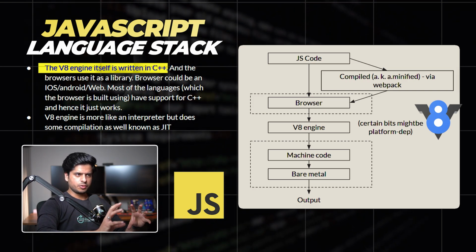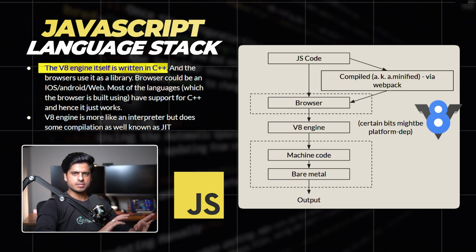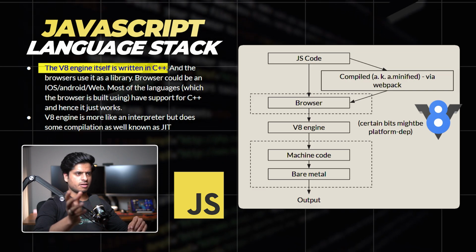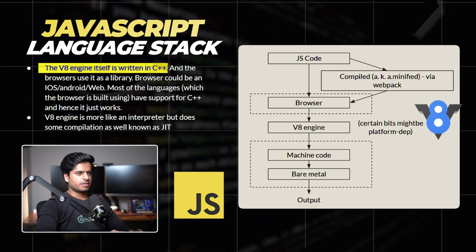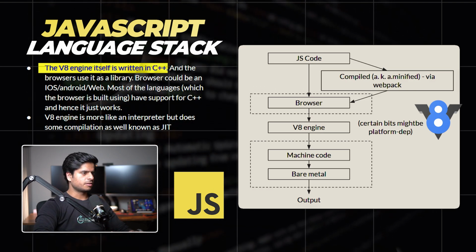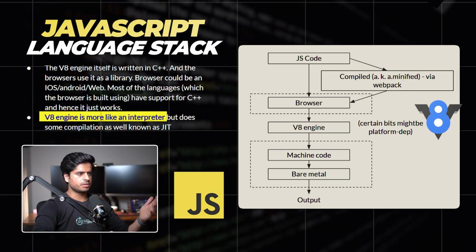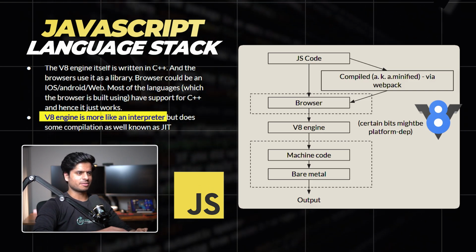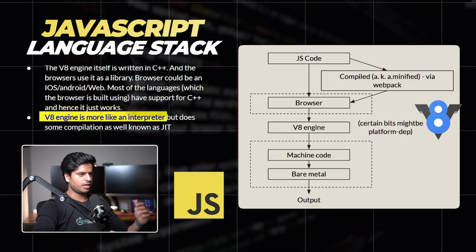There are still a few bits inside the code which could be making platform dependent checks, like, hey, if I'm running on this hardware or iOS, then do this. But I still need to have a deep dive, and maybe I'll create a separate video on that. Another thing is that the V8 engine is more like an interpreter, but has some bits of compilation as well. And the code finally gets converted to the machine code, goes to the bare metal, and we have the output.